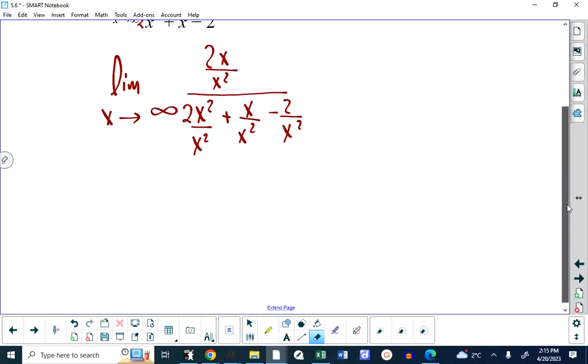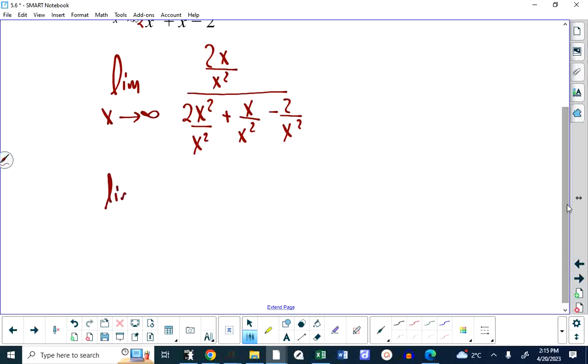So this works out to the limit as x approaches infinity. What do we get? 2 over x on the top. On the bottom we have 2 plus 1 over x minus 2 over x squared.